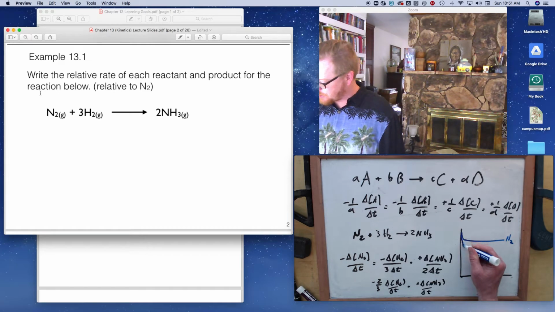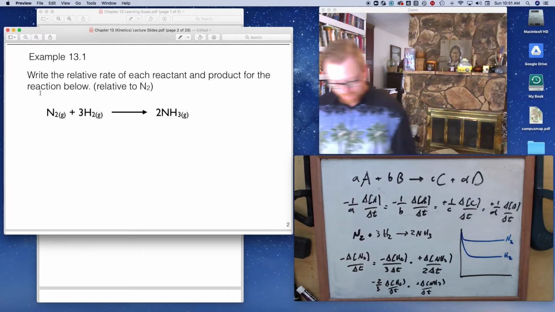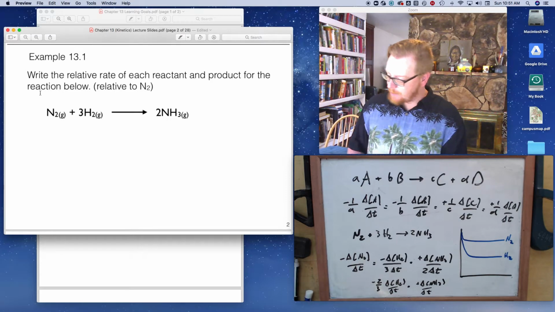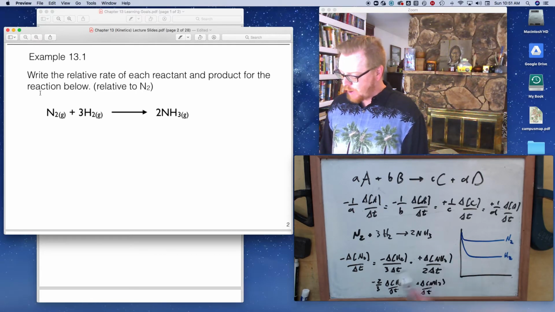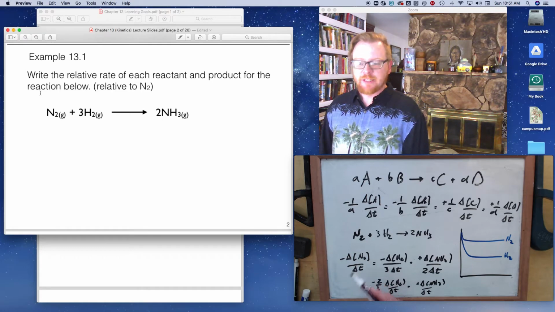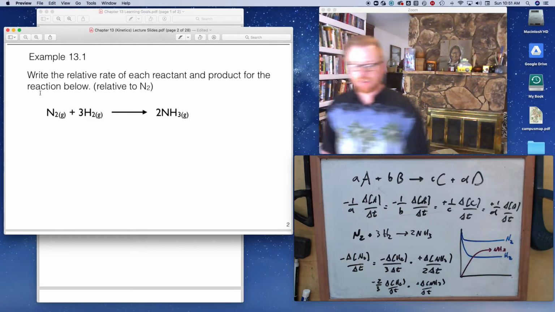So it would have a much steeper slope, something like that. And my ammonia would be 2 times that of nitrogen. And if I drew that, it would be something like this. Pretend I know how to draw things exactly with those proportions, okay?